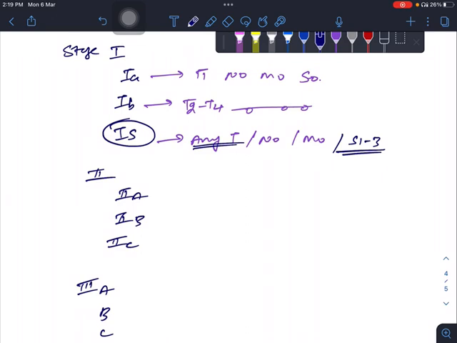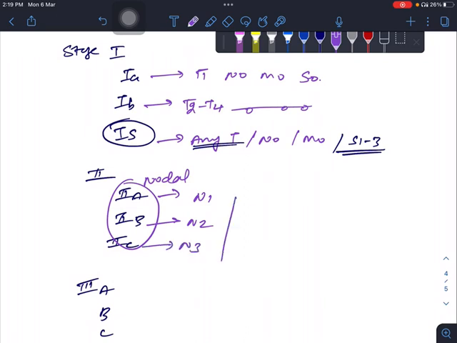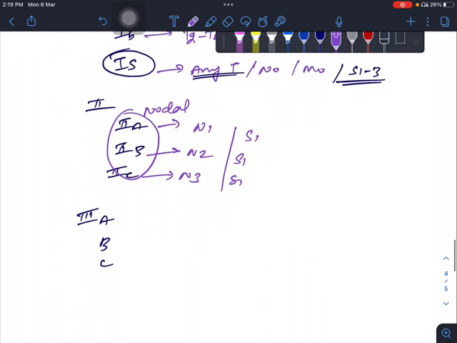Then comes stage 2. Stage 2 is when the nodal involvement is there. So here N1, N2, and N3. Here the tumor markers are elevated according to the level of S1.